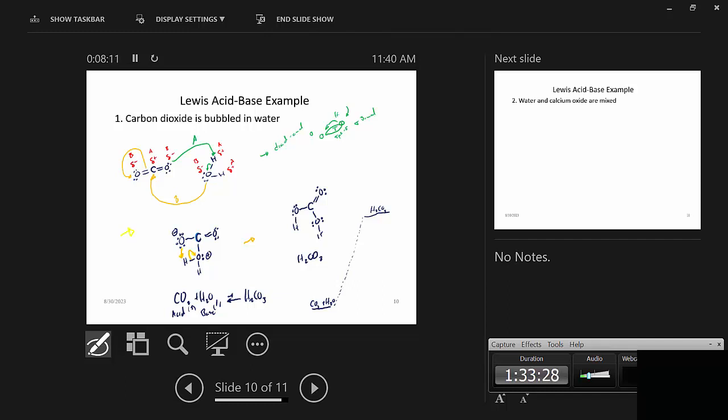But do you guys remember the Maxwell-Boltzmann distribution? The Maxwell-Boltzmann distribution is the population versus energy. At 25 degrees C, if we plot the population versus the energy, are all water molecules moving at the same speed at 25 degrees C?